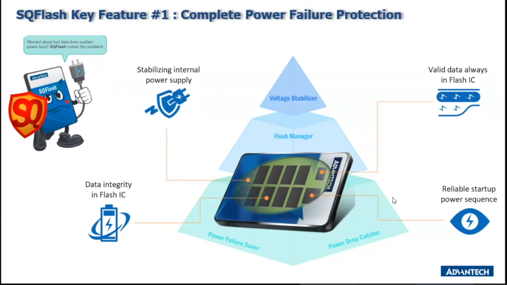Although you may not realize it, the power supply might recover within milliseconds, but for low power flash storage, for example, the CFast and the mSATA, it could cause the device to freeze up and be unable to boot up or perform the read-write function correctly. So our SQFlash has a power reset IC command to prevent this kind of sudden power drop situation, and also to retain our SSD controller functionality.